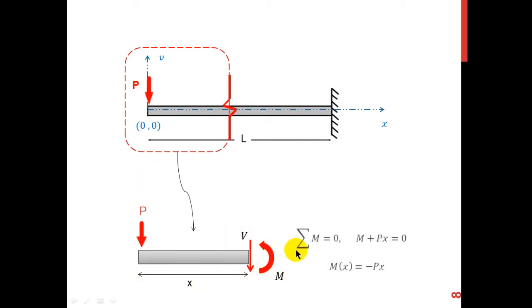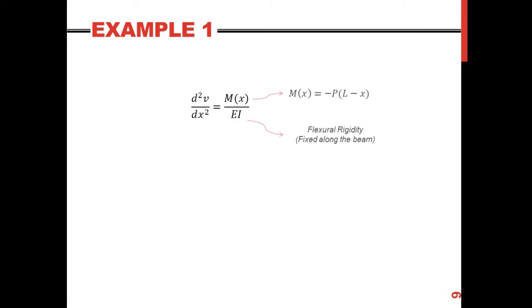So my bending moment equation is simpler. It is only minus P times X. If I carry on with this, that is absolutely correct. And if I take the one I showed you previously, that is also correct. So I'm going to go with the one I did at the beginning, so it is minus P times L minus X.